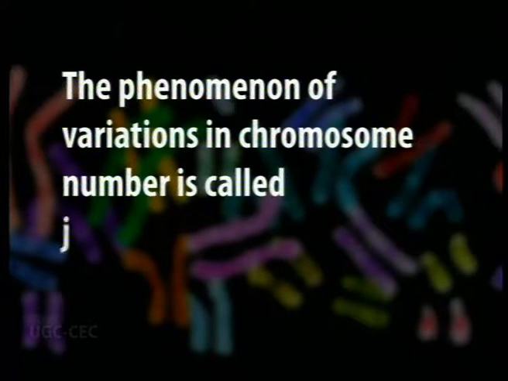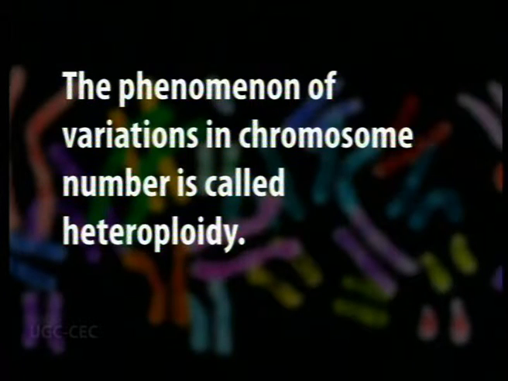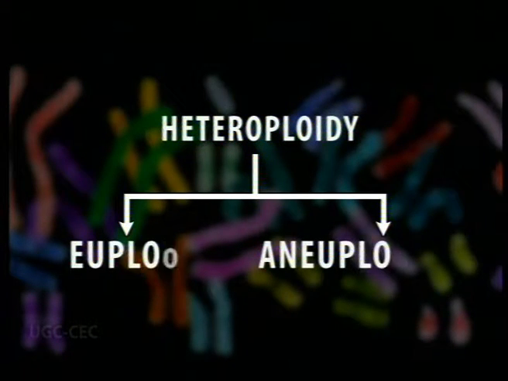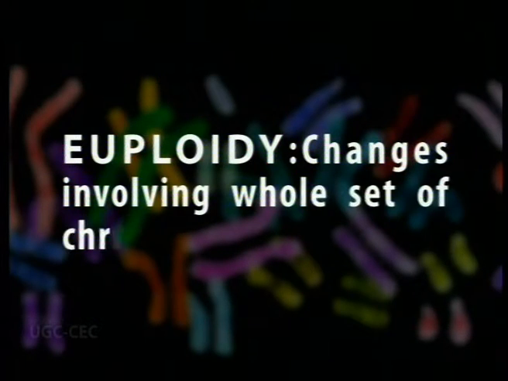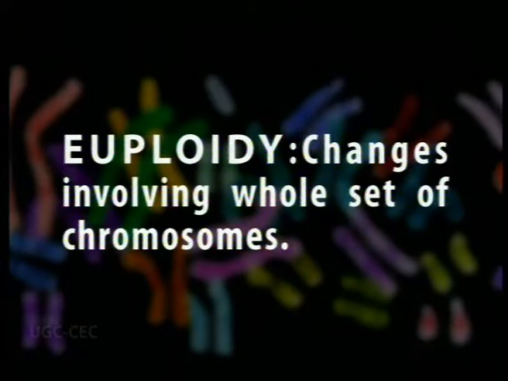Heteroploidy: the phenomenon of variation in chromosome number among organisms or species is called heteroploidy. This variation in chromosome number is of two types, euploidy and aneuploidy. Euploidy means the whole set of chromosomes is involved, either an increase or a decrease in whole sets of chromosomes.